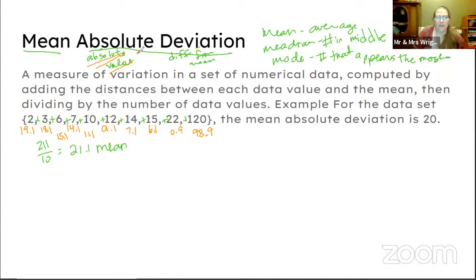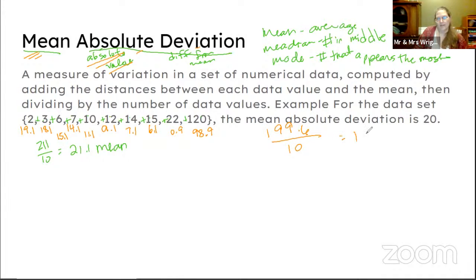The difference from the mean and the absolute value of that. Now we need to put the word mean on it, which means we have to add them all up again. All right. So 19.1 plus 18.1 plus 15.1 plus 14.1 plus 11.1 plus 9.1 plus 7.1 plus 6.1 plus 0.9 plus 98.9 equals 199.6 divided by 10.